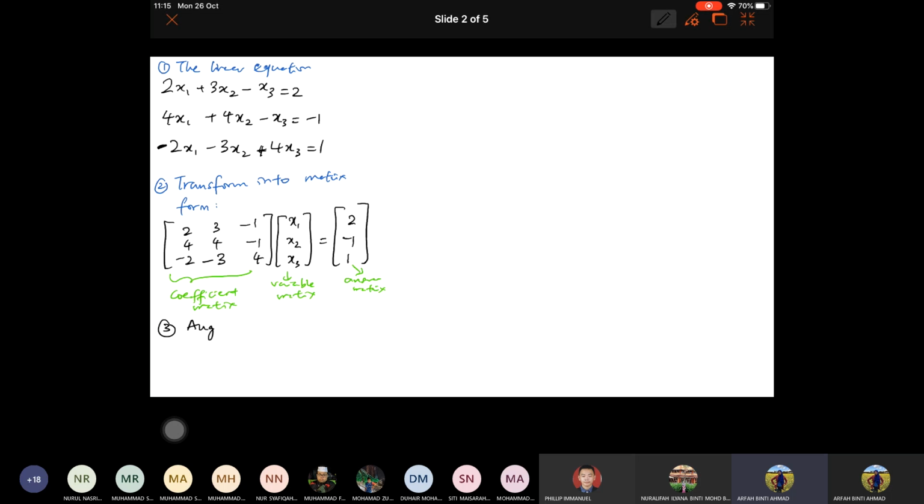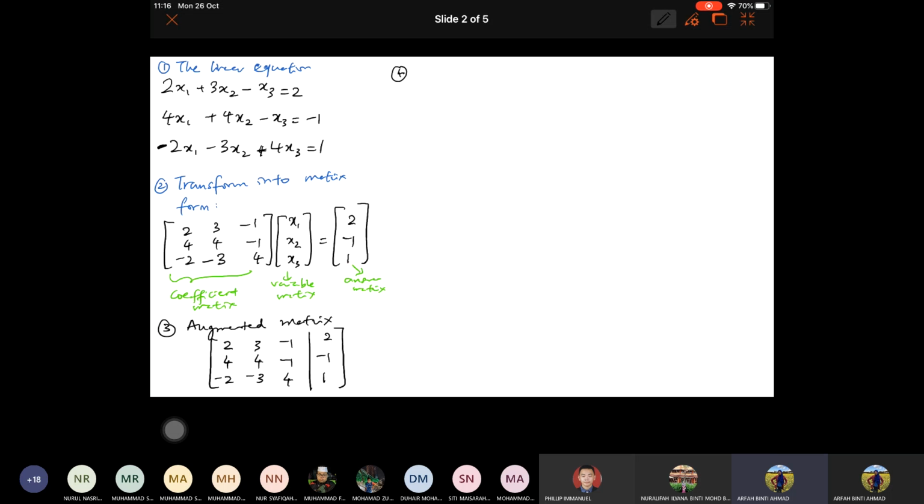Dapatkan dia punya augmented matrix, where the augmented matrix will consist of your coefficient matrix and your answer matrix. So 2, 4, negatif 2, 3, 4, negatif 3, negatif 1, negatif 1, 4, 2, negatif 1 dan juga 1. Okay. So this is your augmented matrix. So this is the third step to get your augmented matrix.